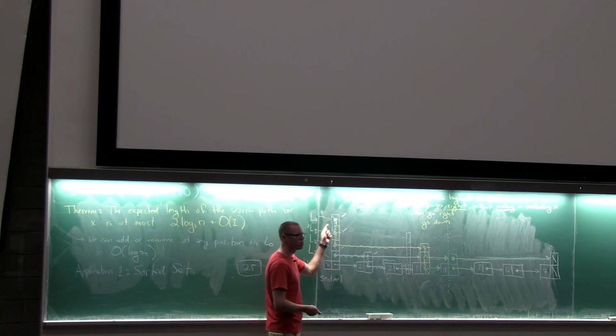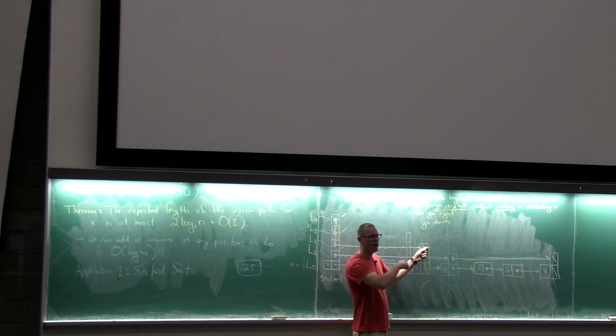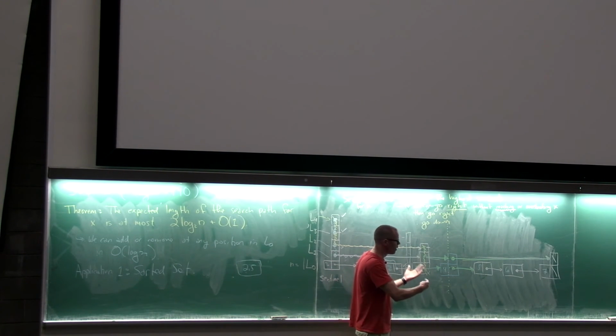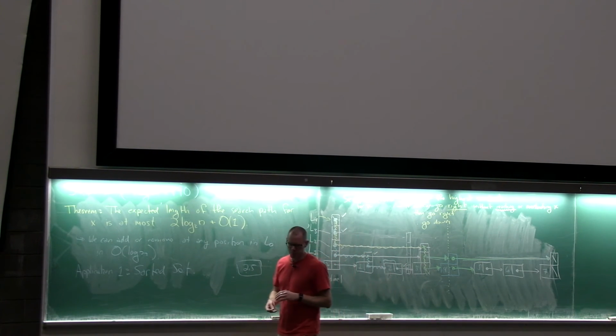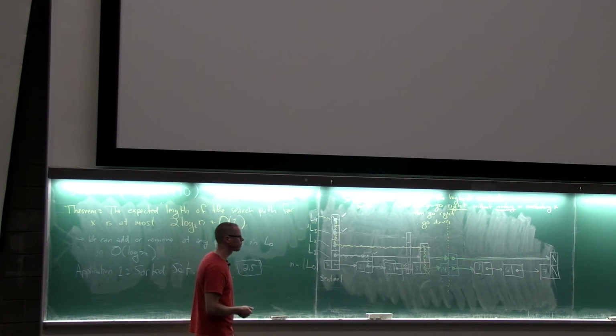You just follow the search path for the element you're removing, and anytime you look to the right and see that element that you're supposed to be removing, you splice it out. If you never see it, well, you never did anything, so that's fine. You didn't remove something that wasn't there. And if it is there, it's only there once, so splicing it out gets rid of it. So it's basically the original removal element. You look to the right and see what you're trying to remove, then just get rid of it.